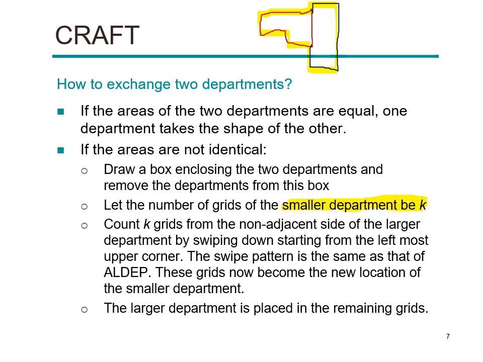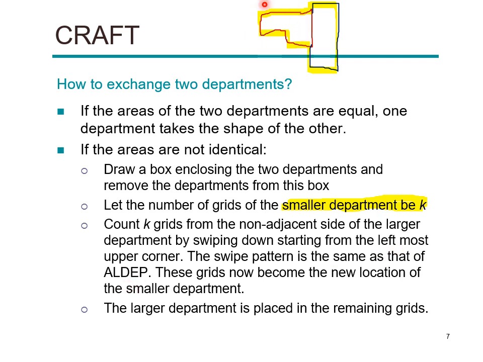It says to count K grids from the non-adjacent side of the larger department by swiping down, starting from the leftmost upper corner. This is written for the case where the smaller department is on the right, so that's why you start from the leftmost upper corner.